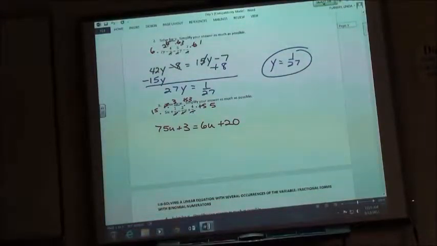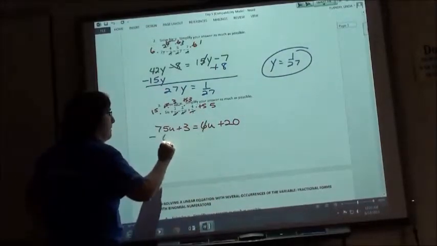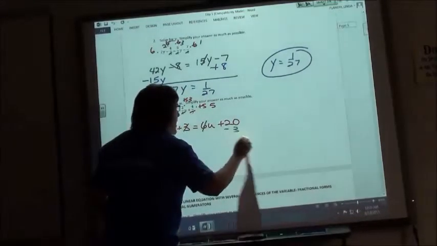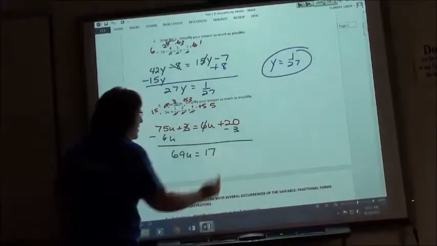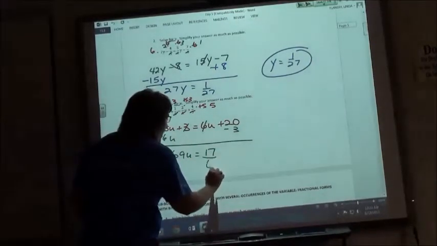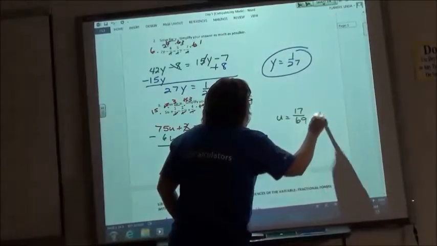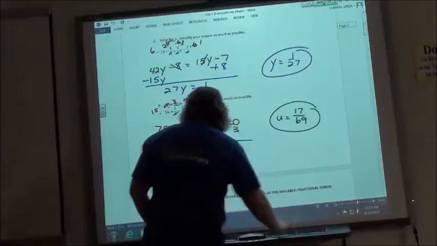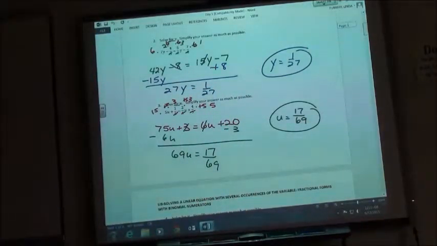I want to go ahead and solve that, so I'm going to subtract my 6u and subtract my 3. So 69u is going to equal 17, and then of course dividing, u equals 17 over 69. And I don't think I can reduce that down. I'm going to double check, just to be sure.